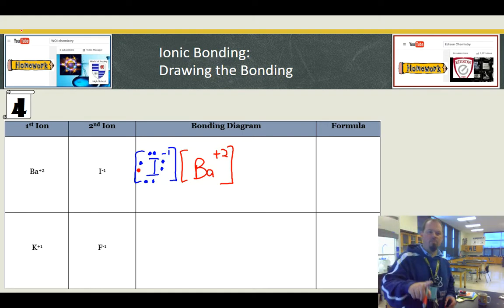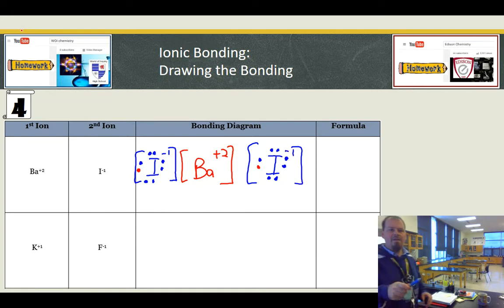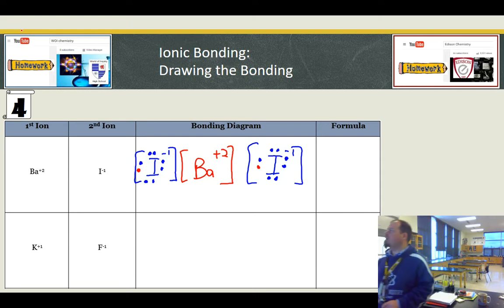So does my -1 and my +2 cancel out? No, they do not. So barium's supposed to lose 2, and so I need another iodine. 1, 2, 3, 4, 5, 6, 7. Another iodine with a -1 charge, and now -1 and -1 is -2. -2 and a +2 is 0. Now we've negated.